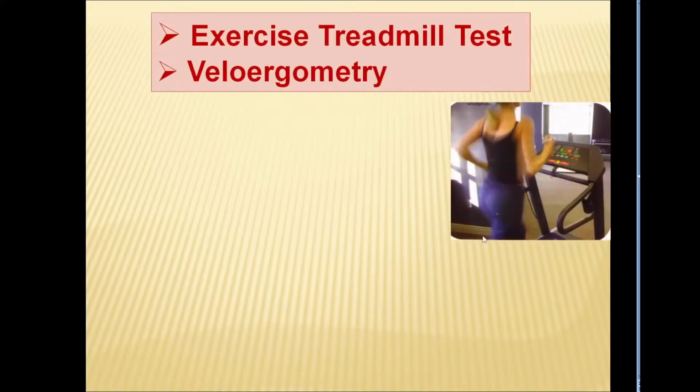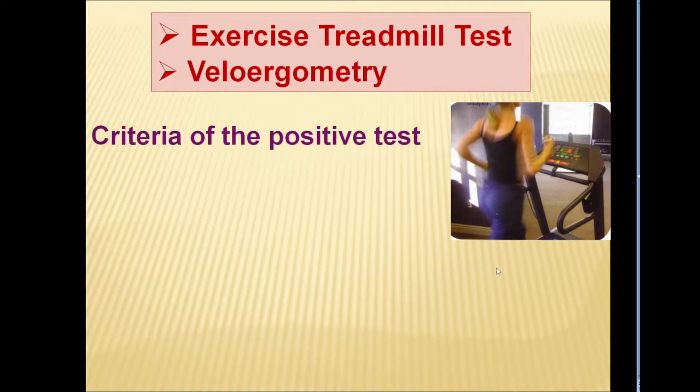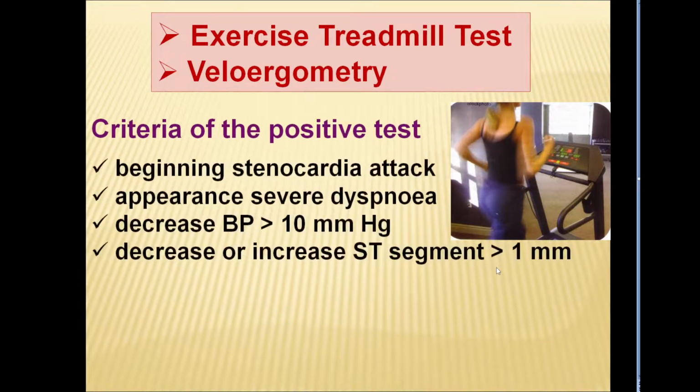Exercise treadmill test and velo ergometry give controlled physical exercise depending on age, sex, and weight of the patient, and together with physical exercise we record ECG.